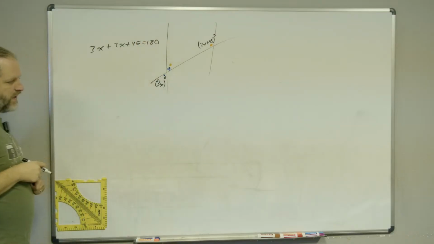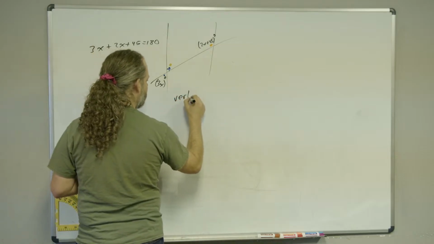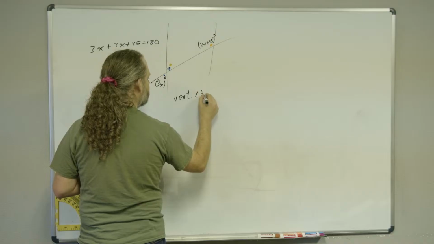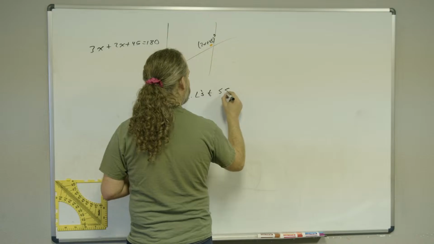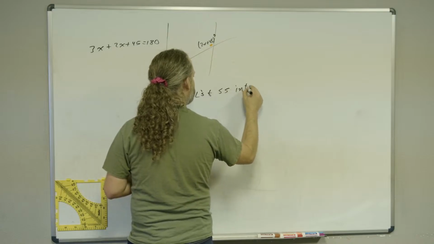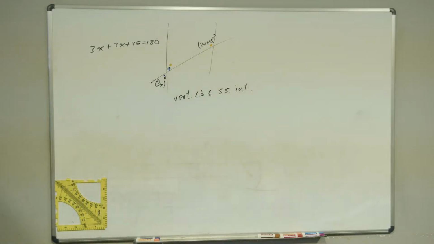And then we can solve that. We're going to write down the theorems so we don't forget. We use vertical angles, right? And same side interior. Right? So to solve that, what would we do?